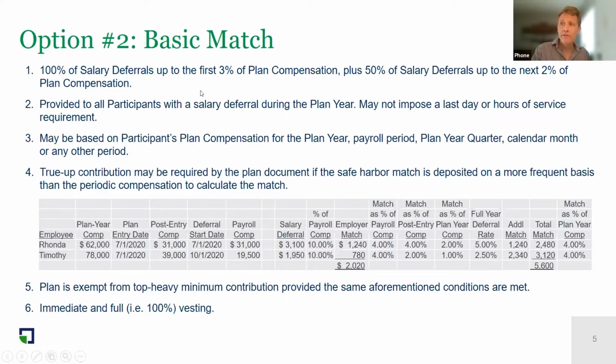Okay, and this is the value of your third-party administrator. Okay, they will be able to explain to you what the best plan design is in order to meet your objectives. All right. Now, in some cases, a true-up contribution may be required, and I'll explain why that is, okay?